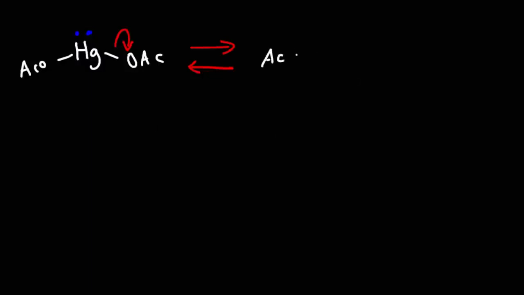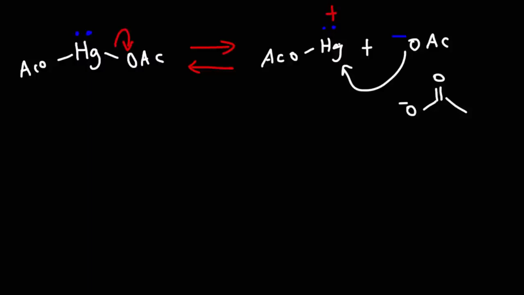And so we're going to get a mercuric cation, which looks like this, and a free acetate ion. Now whenever you see OAc, basically this is acetate, which looks like that. So this is reversible. The acetate can always rejoin with the mercuric ion to produce mercury acetate. So this process goes backwards and forwards.